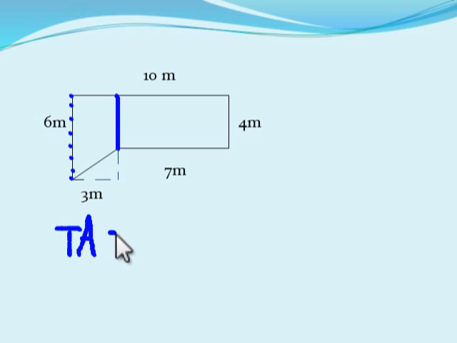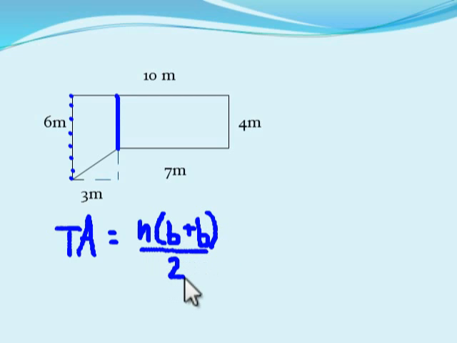Okay, remember what I need to do? I need to add the bases together, multiply by the height, and then take half of that. And I'm going to show it with divide by 2. Okay, so that's what I'm going to do for that shape.